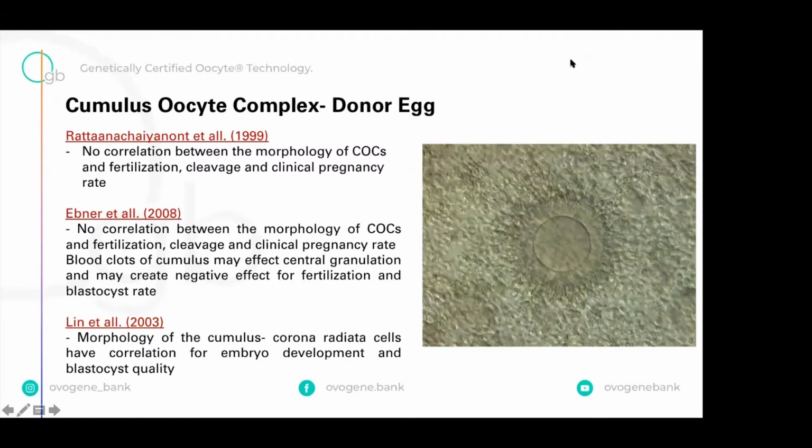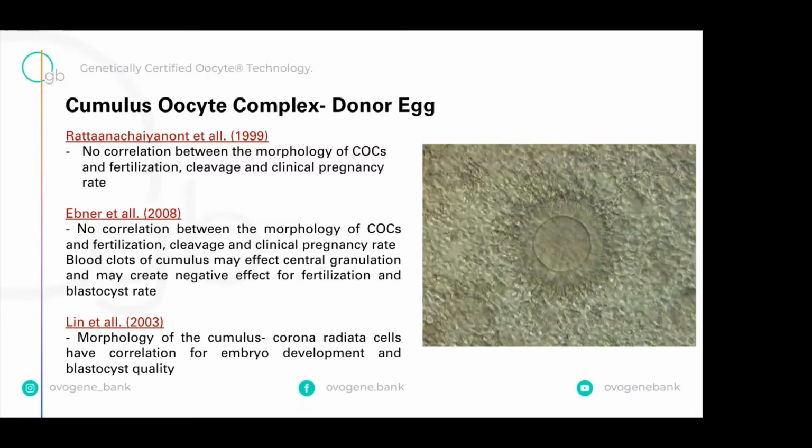The first priority for us is the cumulus oocyte complex. When we pick up the eggs, we check the morphological assessment of the oocyte and cumulus oocyte complex. Several articles have studied the cumulus oocyte complex, and some of them didn't find any correlation between it and fertilization, cleavage, and clinical pregnancy rate. But one of them found a direct correlation between embryo development and blastocyst quality and the cumulus corona radiata cells.